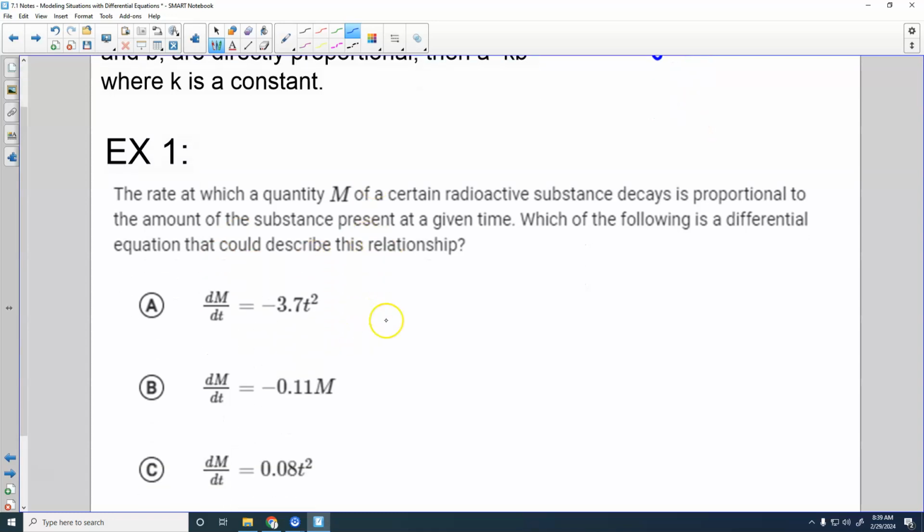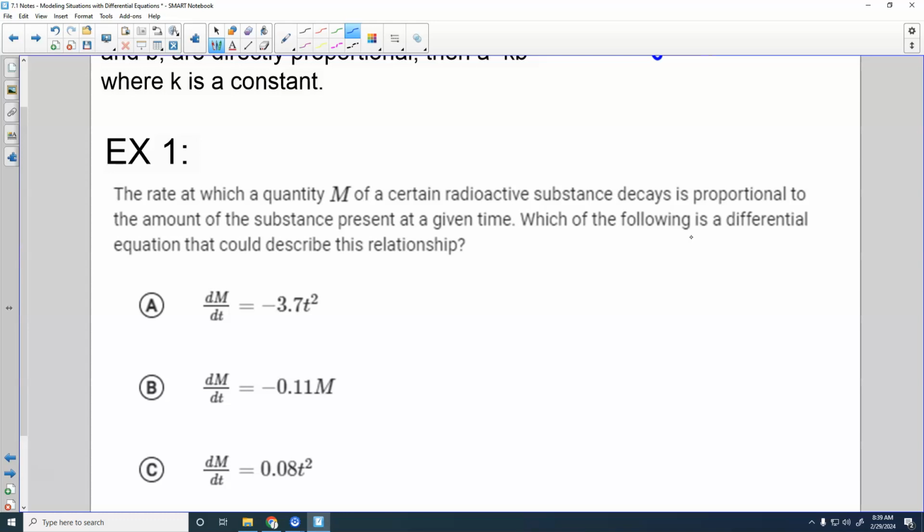It's a linear equation with a y-intercept at 0. So it tells us here the rate at which a quantity m of a certain radioactive substance decays is proportional to the amount of substance present at a given time. Which of the following is a differential equation that could describe this relationship?